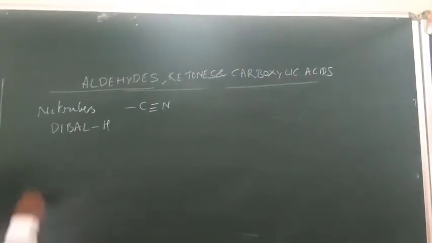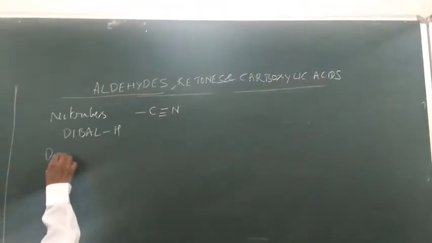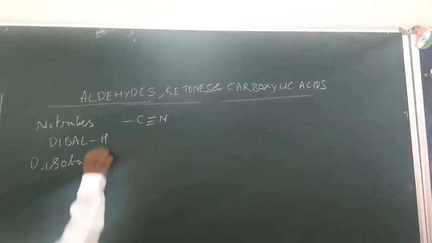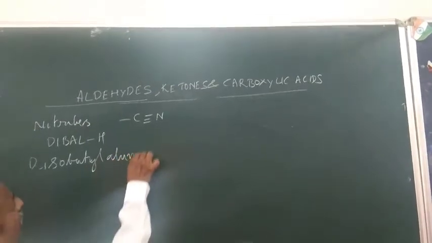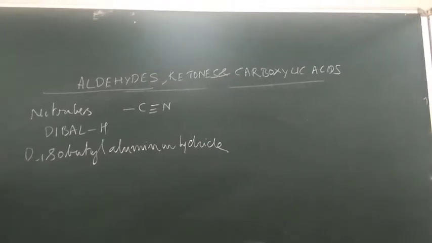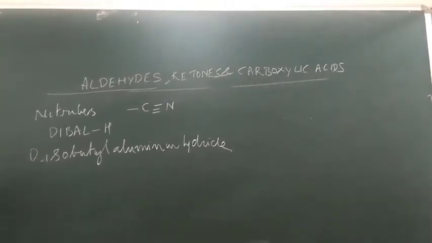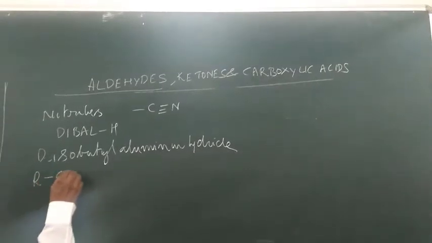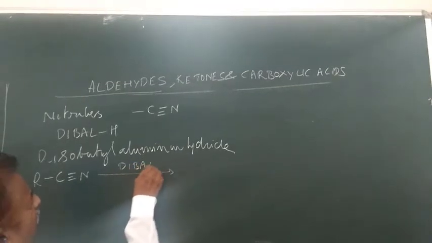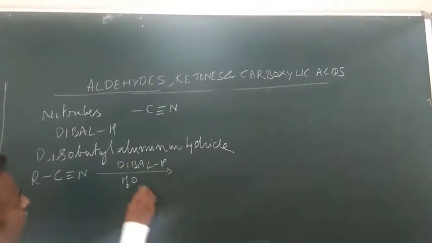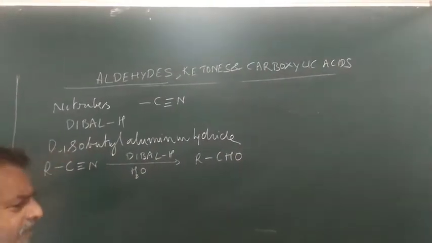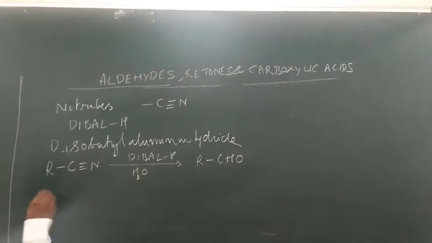What is DIBAL-H? It is diisobutyl aluminum hydride. Nitrile, R–C triple bond N, in the presence of DIBAL-H and water, gives RCHO, an aldehyde. Let us take an example.